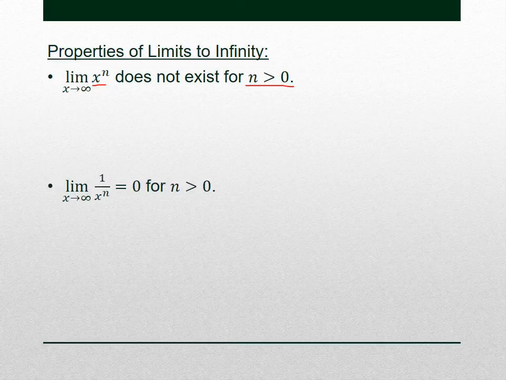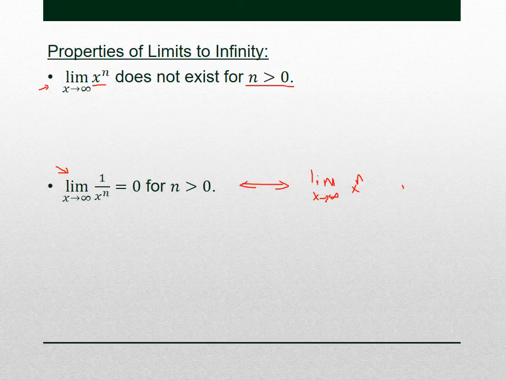If n is less than 0 in this example, then it looks like this. If you have 1 over x to the n where n is greater than 0, that's the same thing as the limit as x goes to infinity of x to the n.